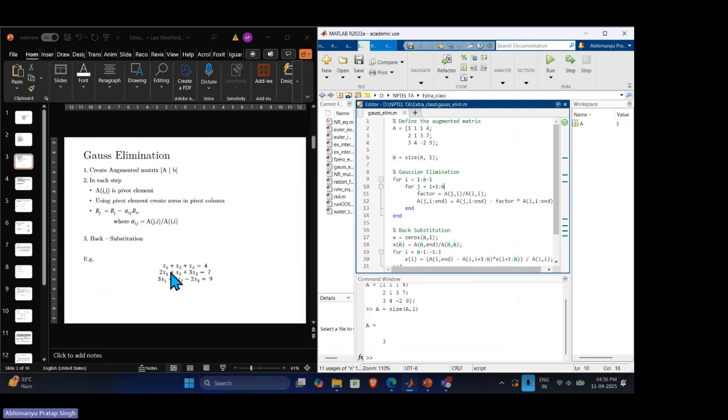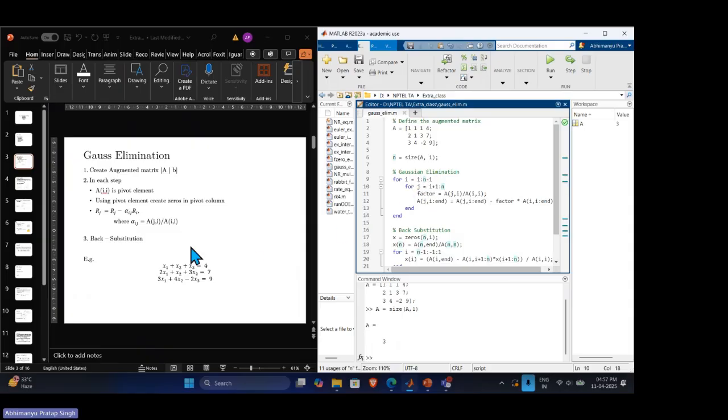If I go to the second row, then I just need to do this one time more. So that is what this inner loop does. The outer loop is for the number of rows or columns I have, and the inner loop is how many rows are there below the row that I'm concerned with.